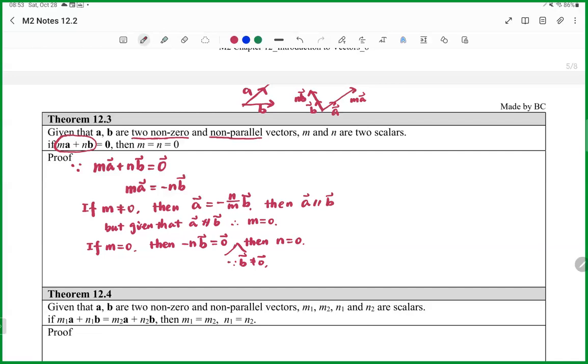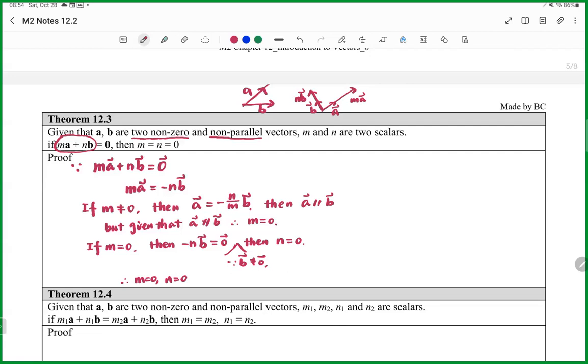That must be N equals zero. Okay. So our proof is that M must be zero and N must be zero as well. Therefore, M must be zero and N must be zero at the same time.